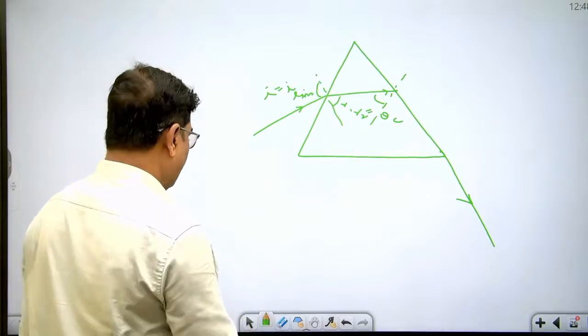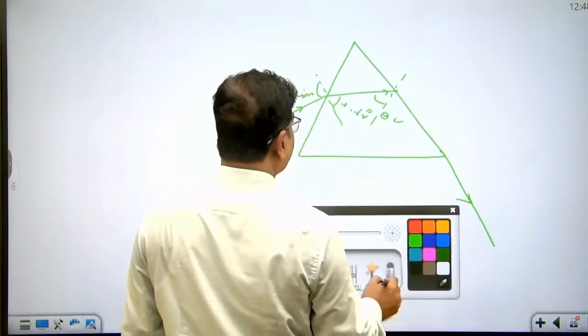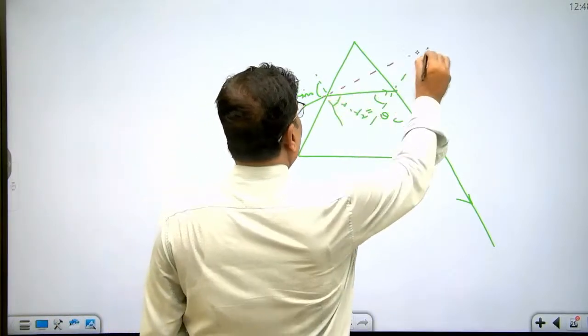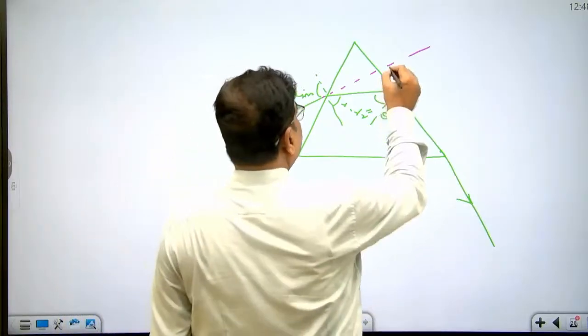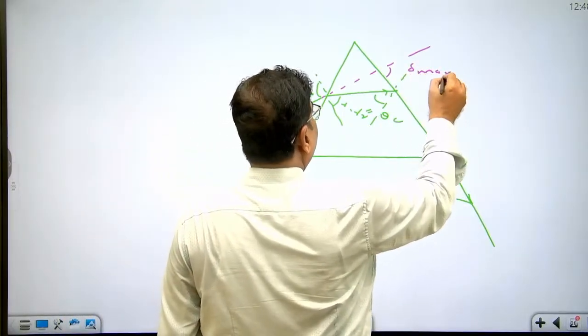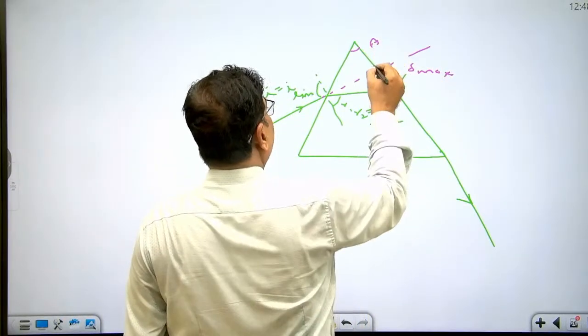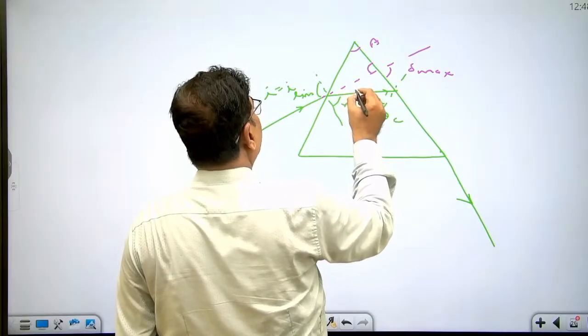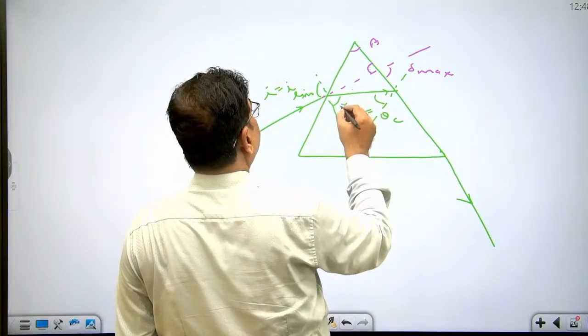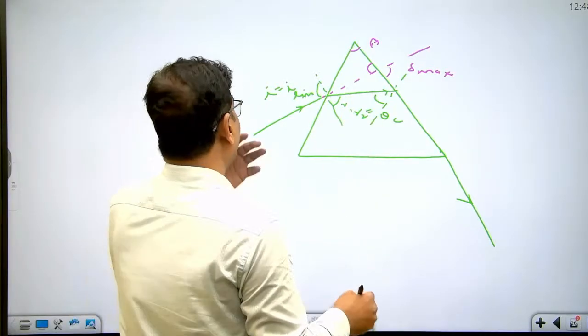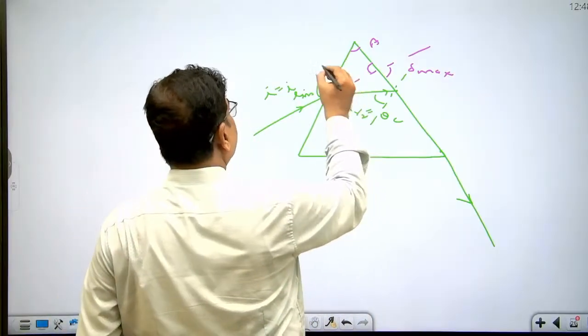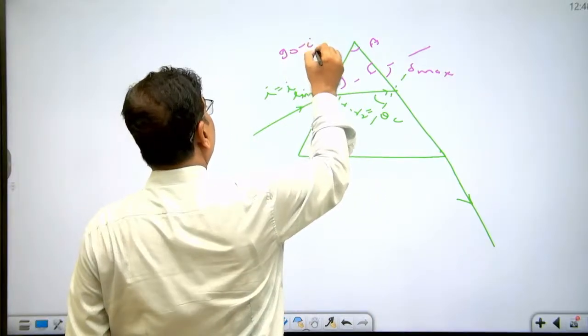Now let's calculate the maximum deviation in this case. If the prism had not been here, this is the maximum deviation. This is the prism angle, this is the maximum deviation. And this is I limiting, and this is 90 minus I limiting.